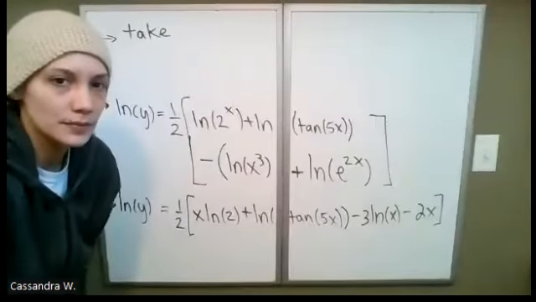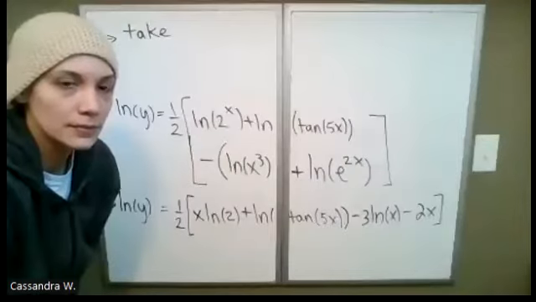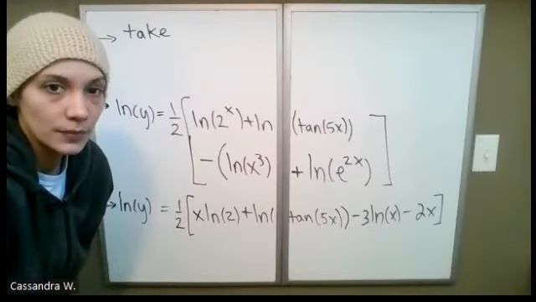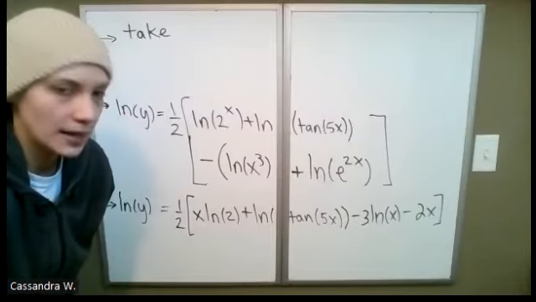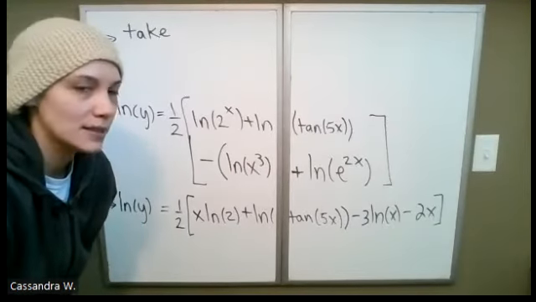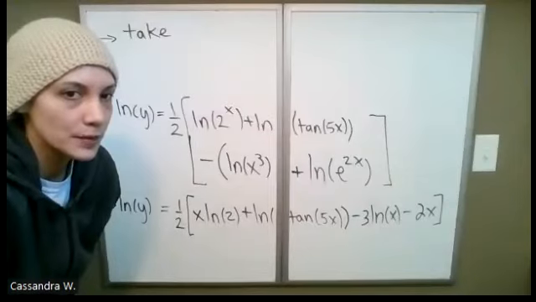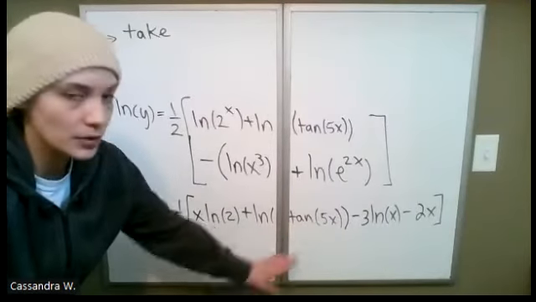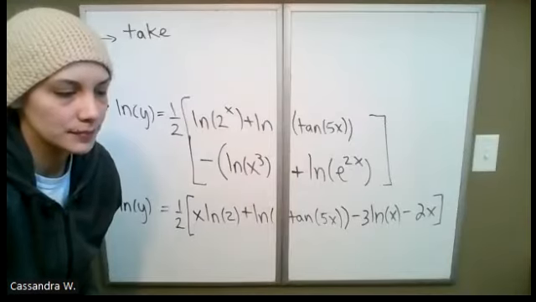Can you turn the 5 into just a 5 by using the power rule or not? No, you'd have to have that x up in the power, but it's 5 times x, not 5 to the x. So since there's no power, we're not going to use any power rule for logs.